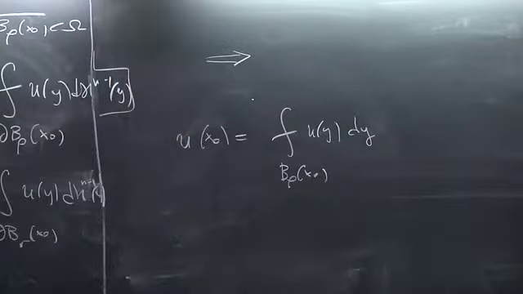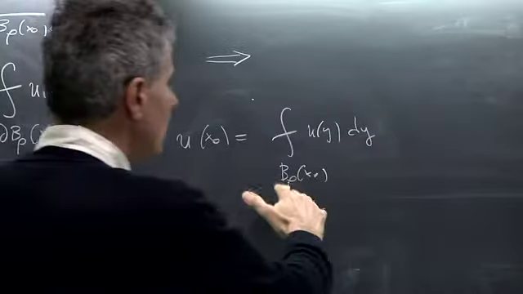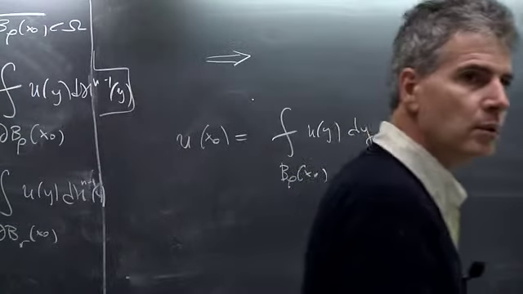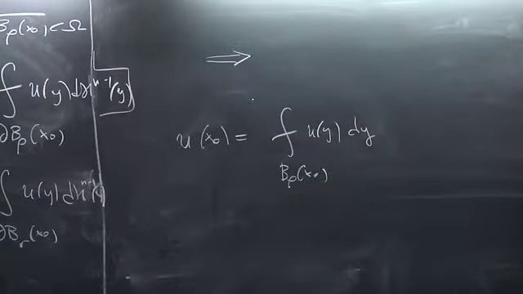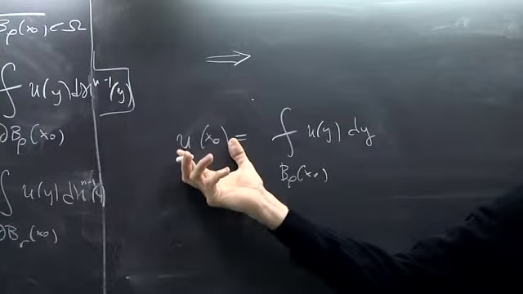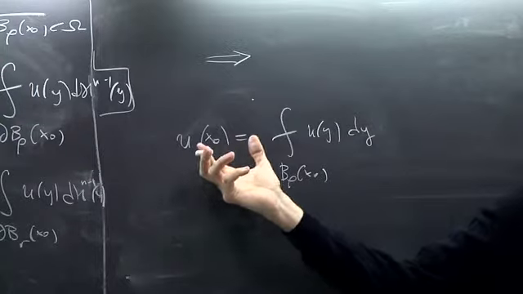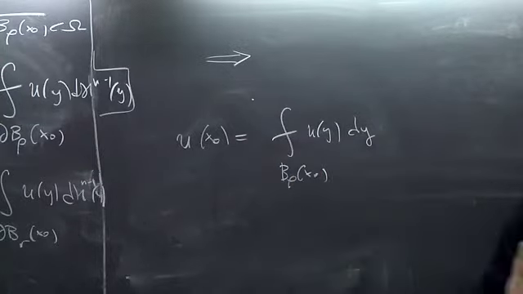And I want to find something on the surface, which could be the idea. Remember that we want to pass from a volume integral to a surface integral. There is a way to do this. And the way is to differentiate. So actually, the left-hand side is independent of rho. Therefore, if I differentiate this with respect to rho, it must be 0.